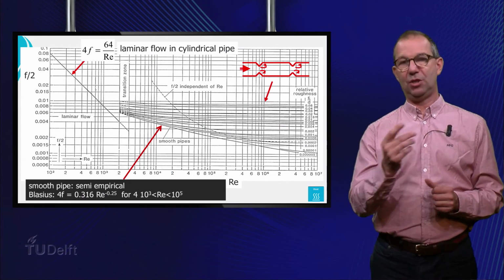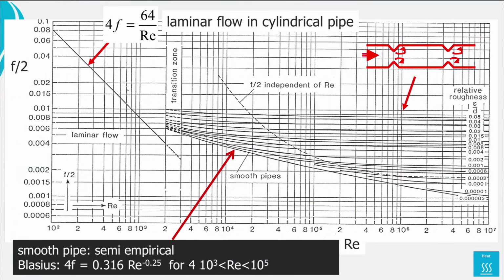For laminar flow in a cylindrical pipe, we can derive 4F equals 64 over Reynolds, an exact solution of the momentum balance. For high Reynolds number, 4F indeed changes less and less with Reynolds. There's a nice empirical relation for 4F, Blasius law, which is 4F equals 0.316 over Reynolds to the power 1/4.